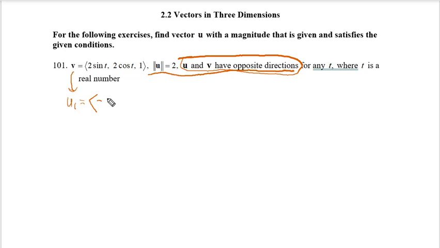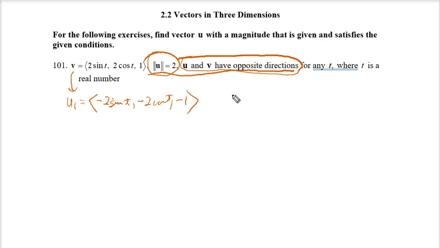That would be a negative 2 sine t, a negative 2 cosine t, and negative 1. So that's the right direction for U. We also need the magnitude of U to be 2 units.